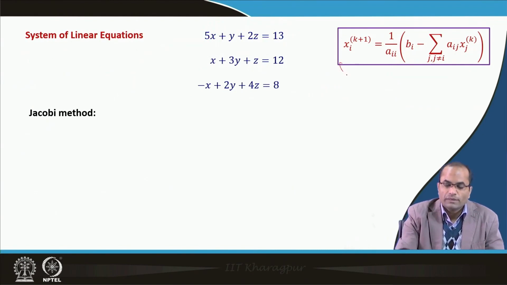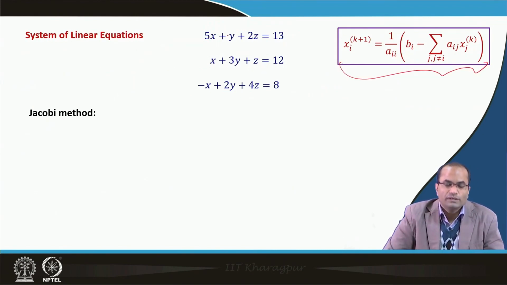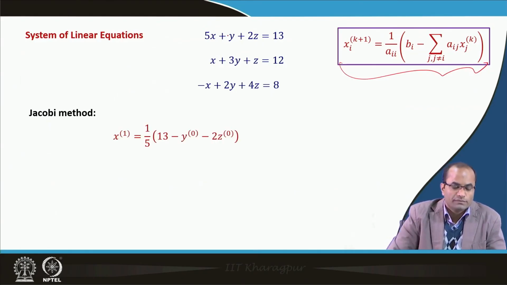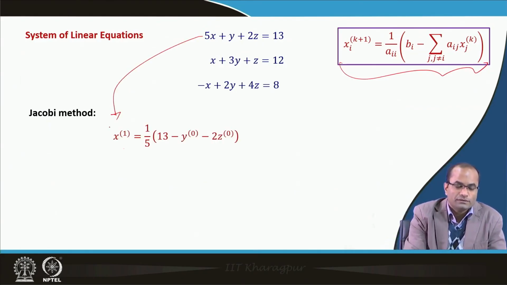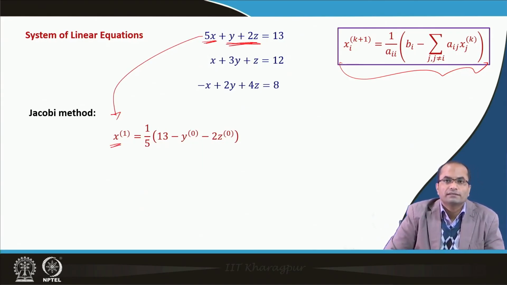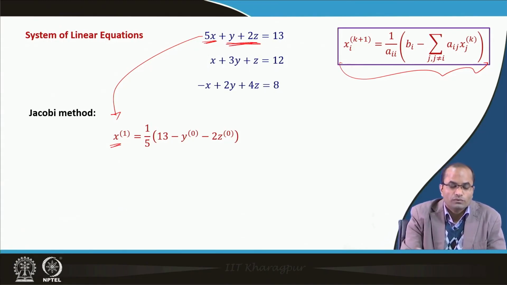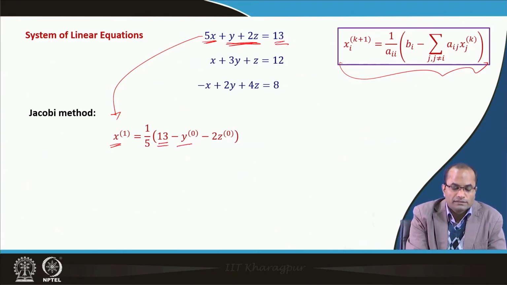So, without remembering this formula, what we can do, we can write the Jacobi iteration method. From the first equation, we will take x to this side, and the rest, these two y and z, the other components, will go to the right hand side. So, right hand side we have 13 there, minus this y, obviously at previous iteration.